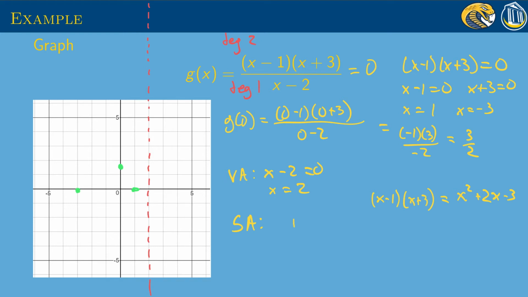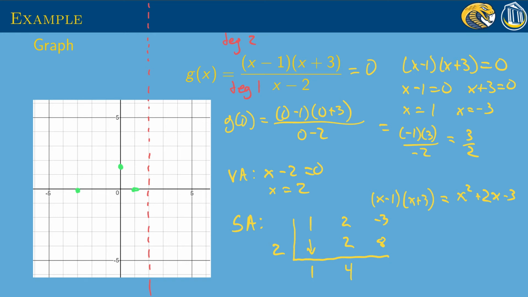And we can set this up in our synthetic division with 1x squared plus 2x minus 3. Since we're dividing by x minus 2, we will put 2 on the outside. As usual, we bring down the 1. 2 times 1 is 2. 2 plus 2 is 4. 2 times 4 is 8.